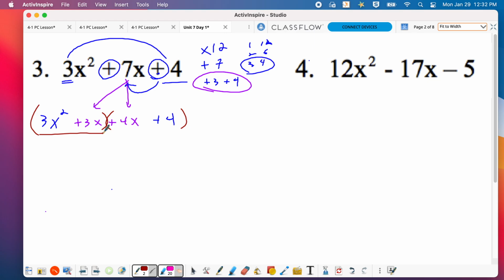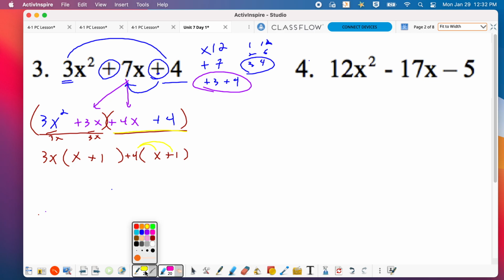Looking at these first two, I'm going to take a 3x out of both of these. If I divide by 3x on both of them, I get an x plus 1 left over. I'm going to do the same thing on the back, and I have to have an x plus 1 left over, so I'm going to take out a positive 4, because when I distribute this, I get what I have.